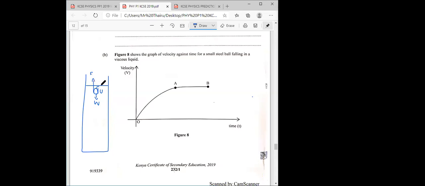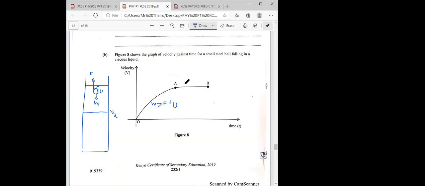When it is accelerating at this position, the weight W is greater than the frictional force and upthrust force. But to reach a point, let's say around this position, where it attains what we refer to as terminal velocity, at terminal velocity the downward force will balance with the upward force.